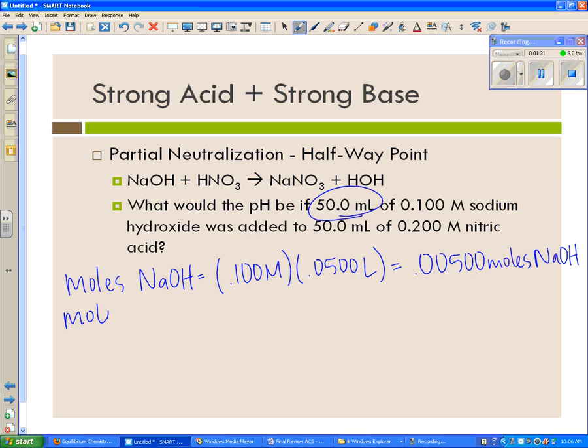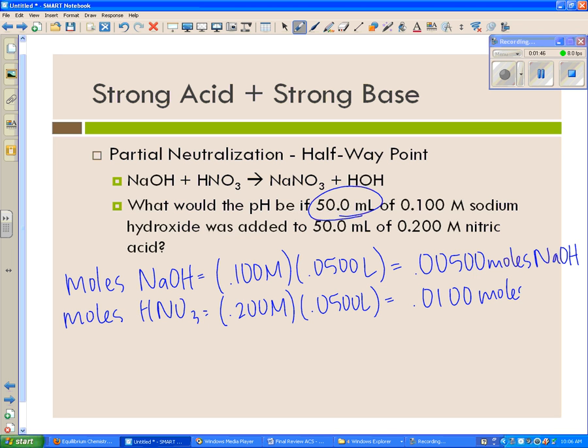Moles of acid. Molarity is 0.200 molar, volume 0.0500 liters. So we have 0.0100 moles of HNO3.